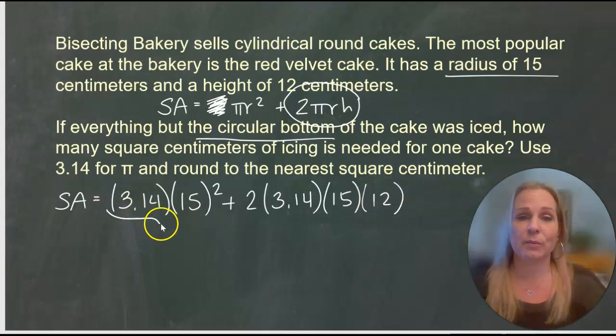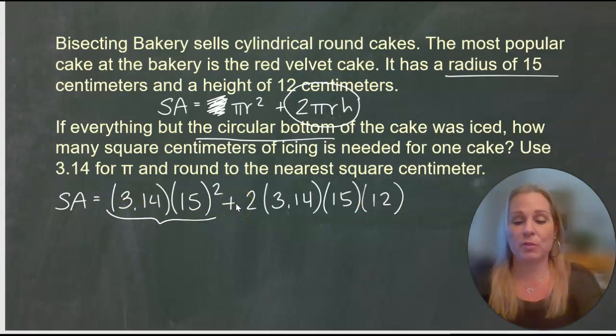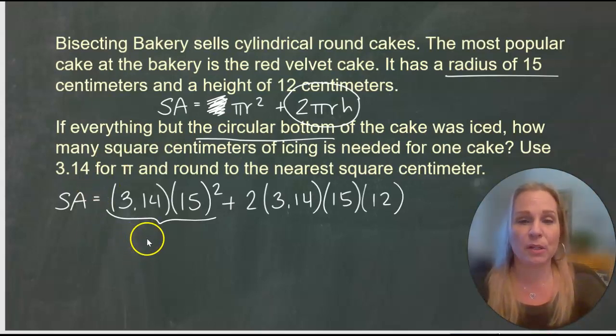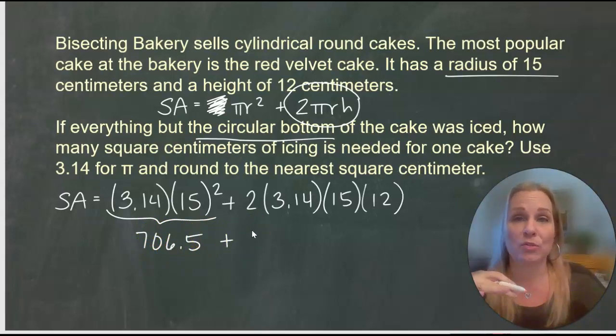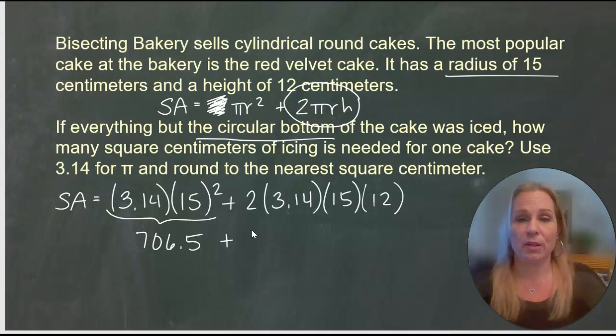And again, it's all calculator work, right? But do the 15 times 15 first, and then times 3.14. And you should be doing these on your calculator too. Don't just watch me do it, because you want to make sure that you get the same answers that I'm getting when you're doing it on your own, on your calculator.